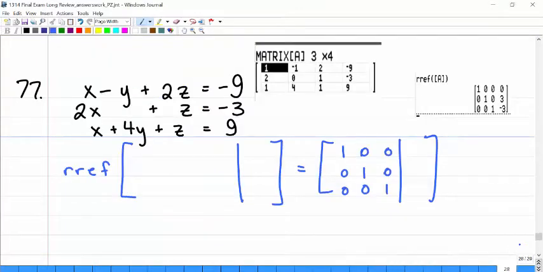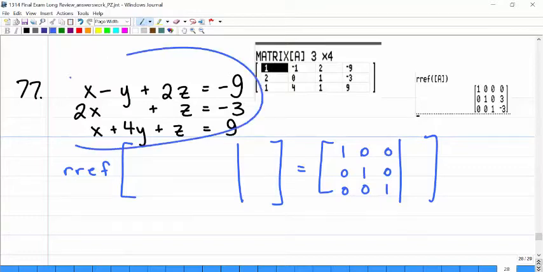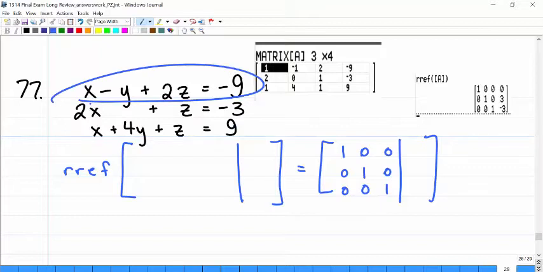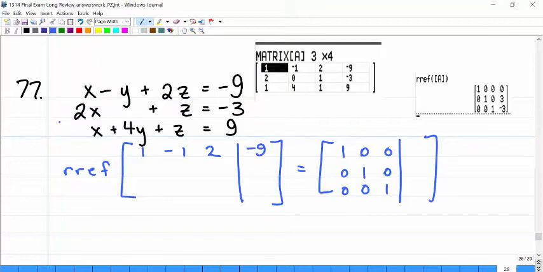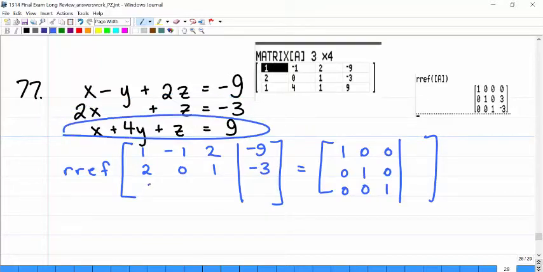Number 77 says to solve the system using your choice of method. So I'm going to write this as an augmented matrix. And how do I do that? I put the coefficients. So the coefficients going across on the first row will be 1, -1, 2, -9. Going across the second row will be 2, 0, 1, -3. Going across the third row, I get 1, 4, 1, 9.